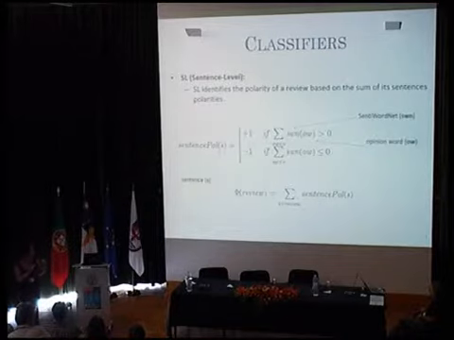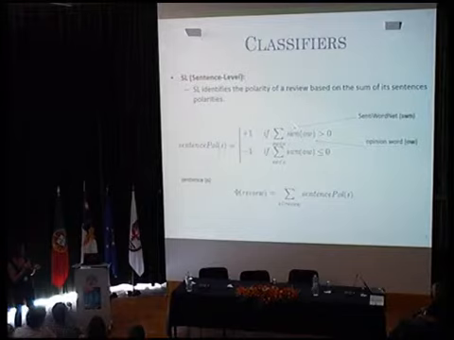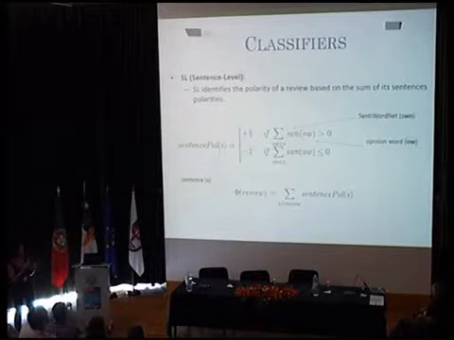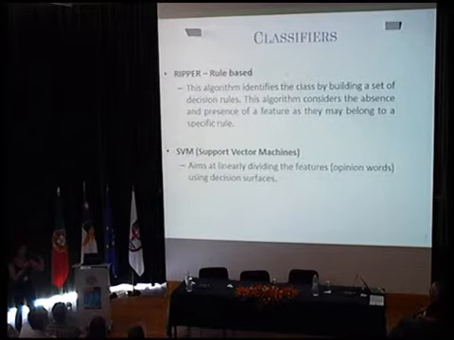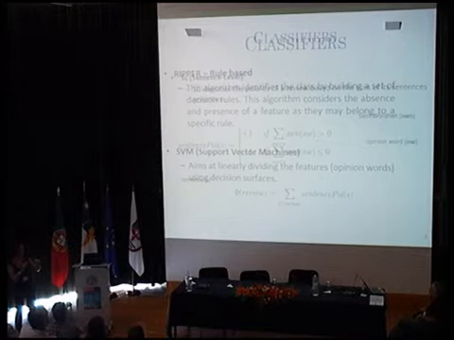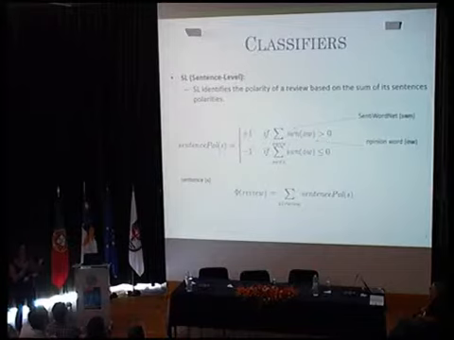So for that, we proposed a sentence level classifier. In here we have the SentiWordNet value for that opinion word, and we evaluate each individual sentence. So with Ripper and SVM, we have a training phase and a test phase. In here, we don't have that. Okay. So it's not a supervised evaluation.